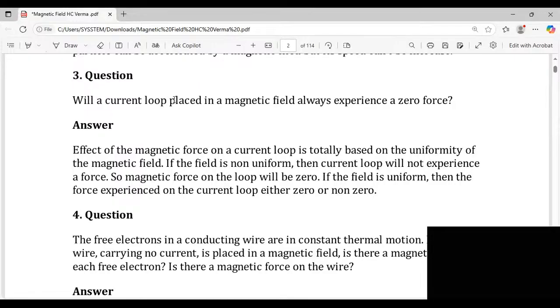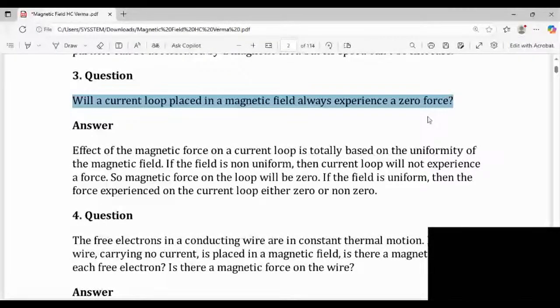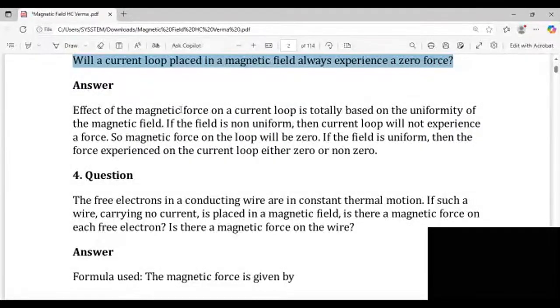Will a current loop placed in a magnetic field always experience a zero force? Let's see the answer.